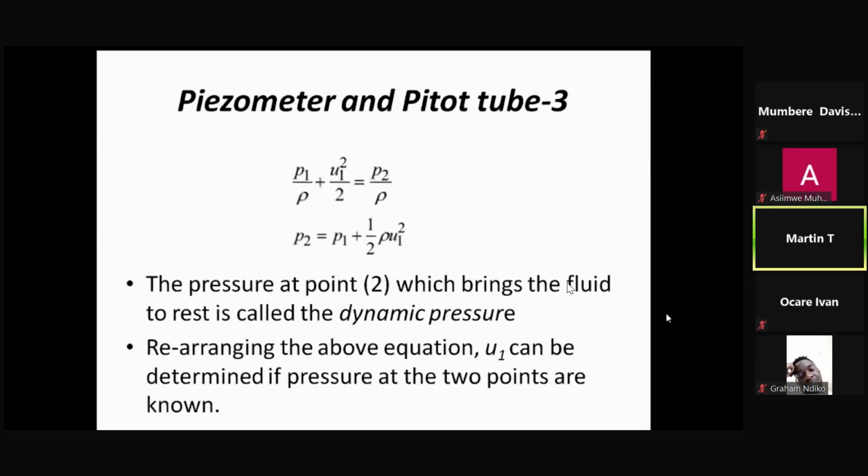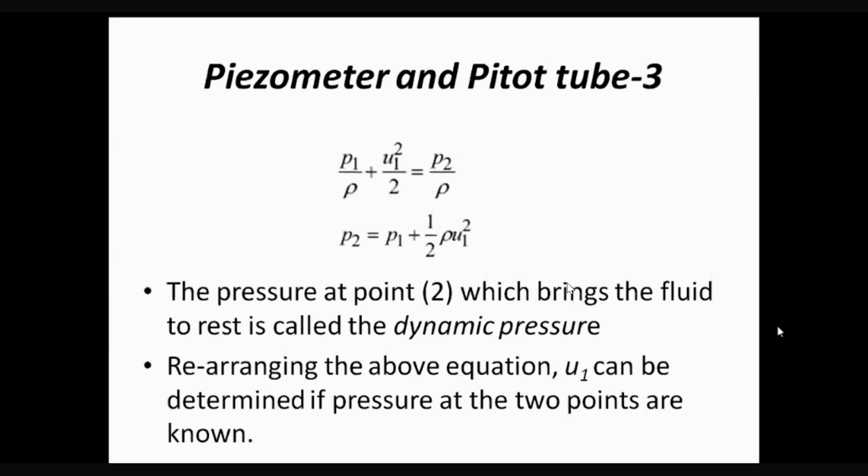So pressure at 2 is bigger than pressure at 1, if a half rho U1 squared is not 0. If it is not 0, then pressure at 2 is bigger than pressure at 1, because it is equal to pressure at 1 plus the dynamic head, the dynamic pressure head.